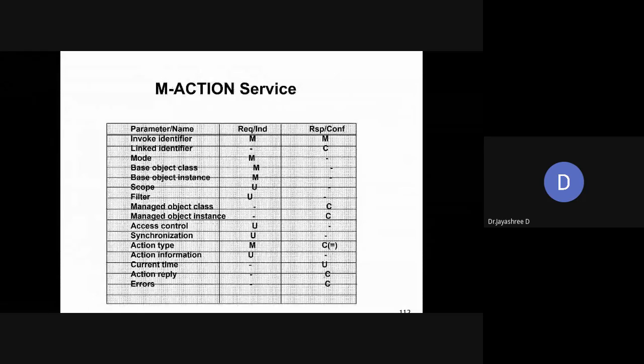Then this is an action. You are performing some action on this one. Any action happens there; up to here it is mostly the same. What is the action type? What is the action information, if the condition has been satisfied? What is the current time?